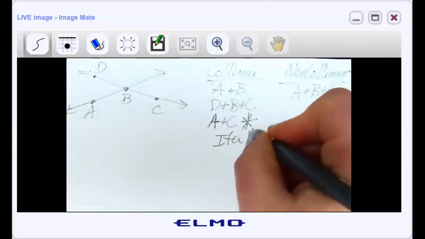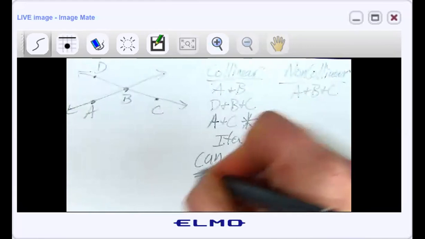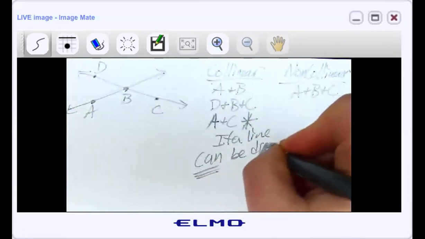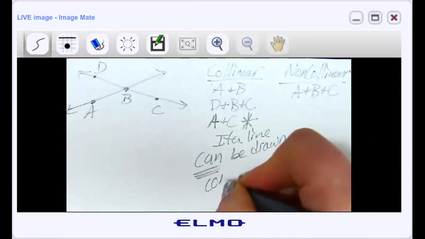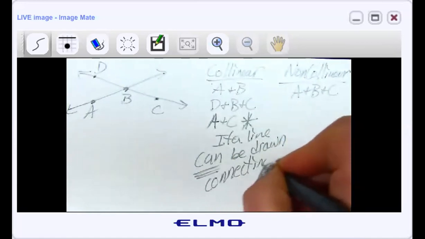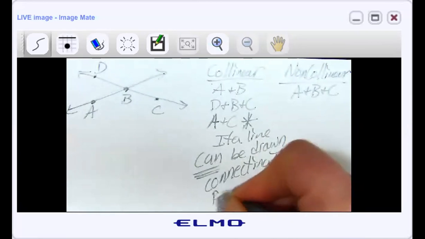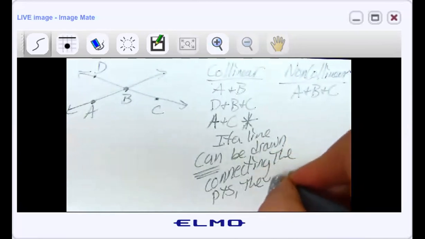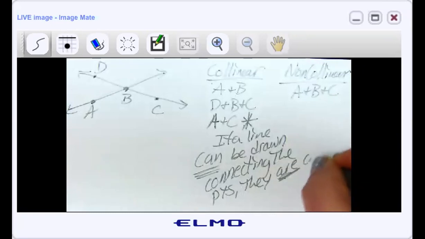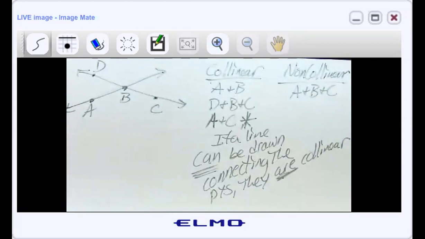If a line can be drawn connecting the points, they are collinear. And when I say line, I mean one single straight line. You can't be making zigzags or curves. One straight line. If one straight line will connect the 2 points, then they are collinear.